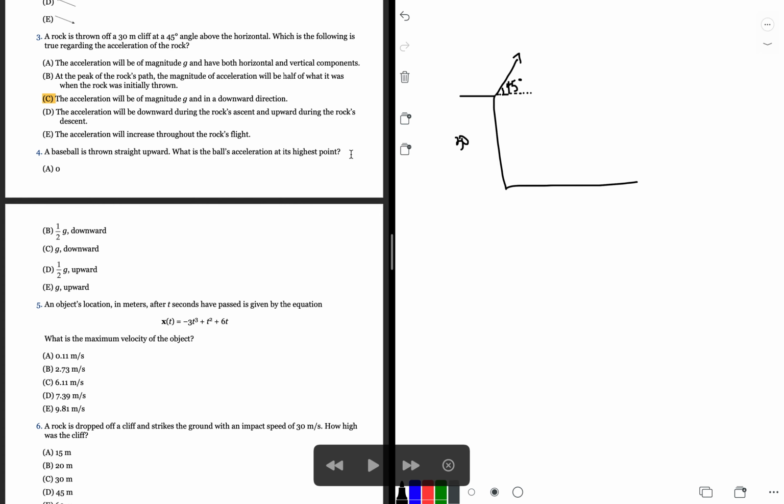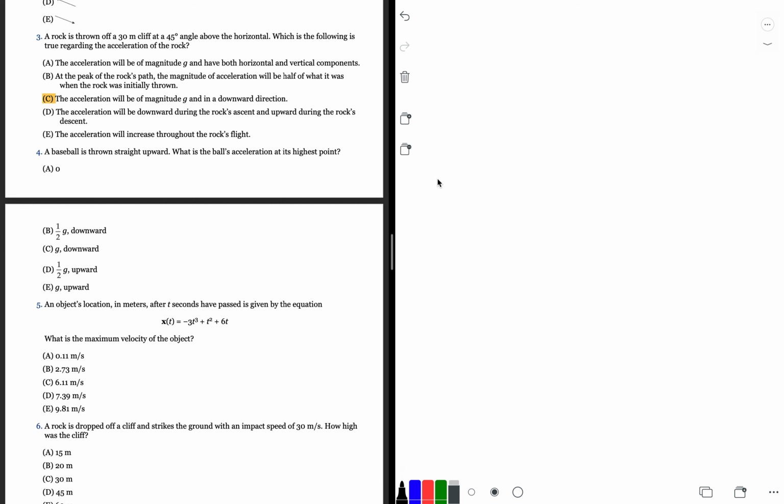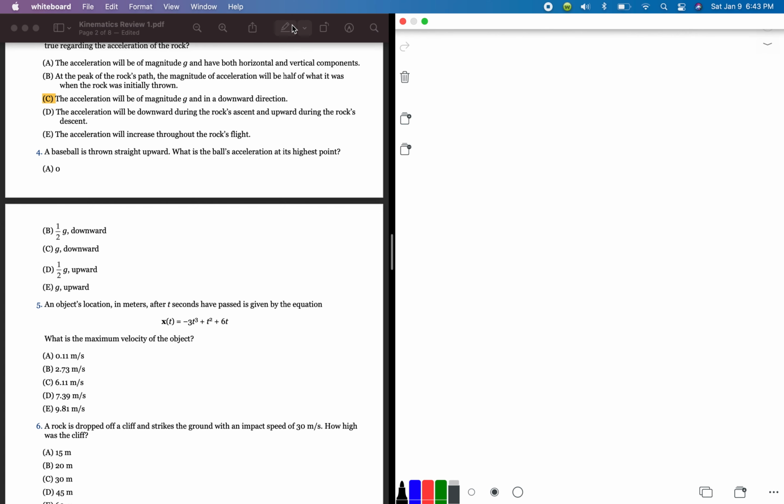Question 4. A baseball is thrown straight upward. What is the ball's acceleration at its highest point? The acceleration at its highest point is still g downward. We know that its vertical velocity, which in this case is its only velocity because it doesn't have a horizontal one, is 0 at its maximum point, or at the peak.